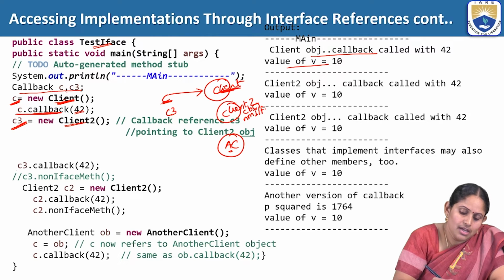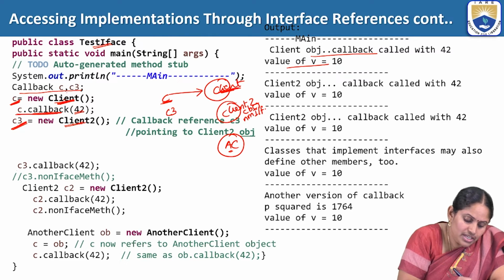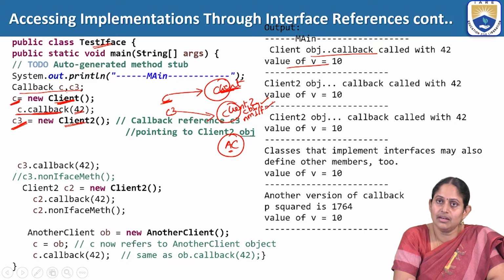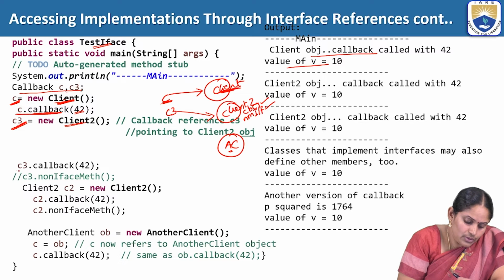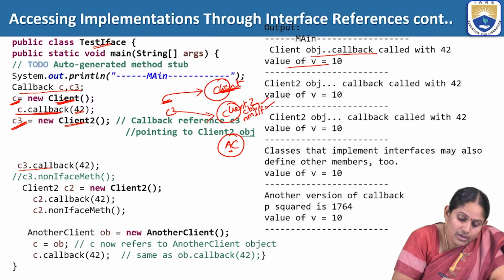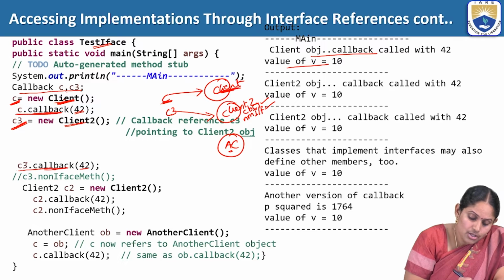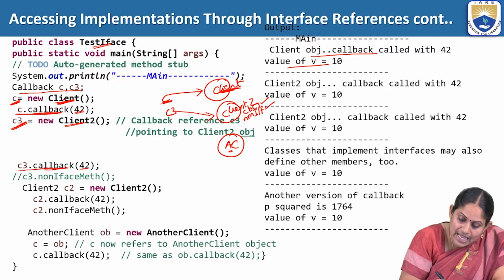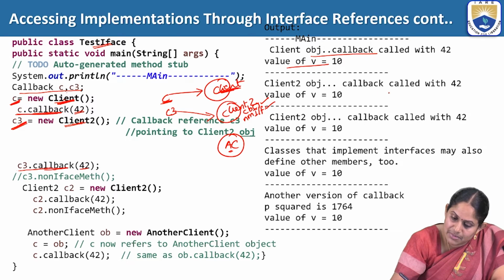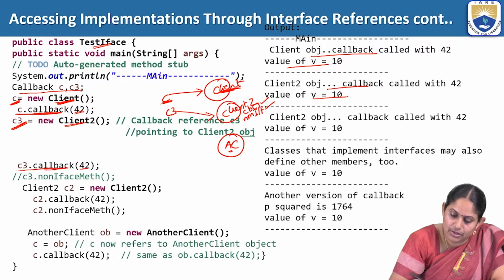So when C3 is pointing to the client 2 object and invoking the callback method, you get these statements in the output, client 2 object value of 10.